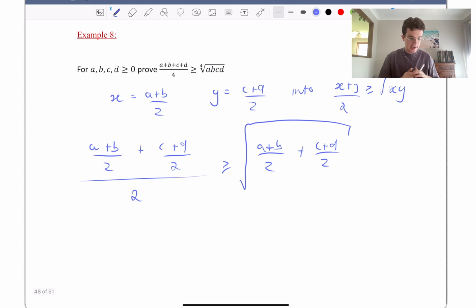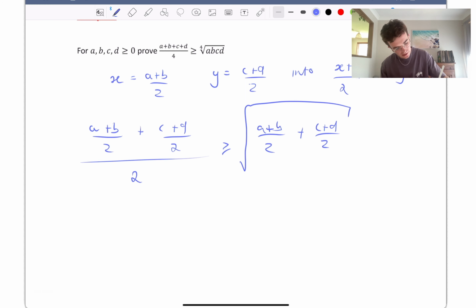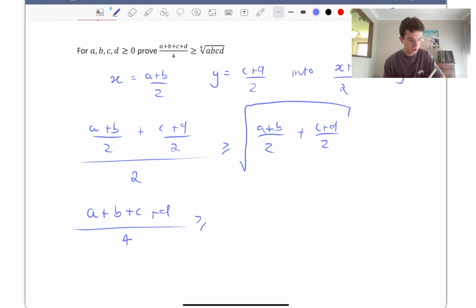And we can say that this is equal to a plus b plus c plus d. The 2 will go down to the bottom, it will make that a 4. And we can say this is greater than or equal to, well, we know that a plus b on 2 is greater than or equal to the square root of ab. And we know c plus d on 2 is greater than or equal to the square root of cd.